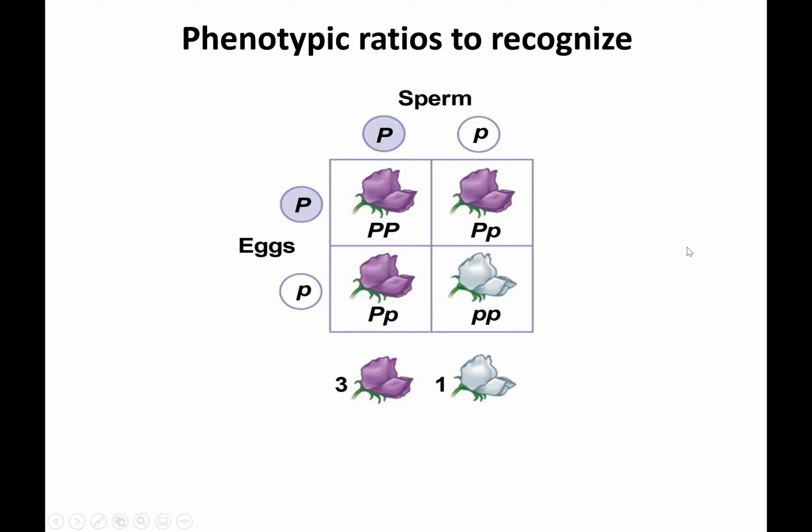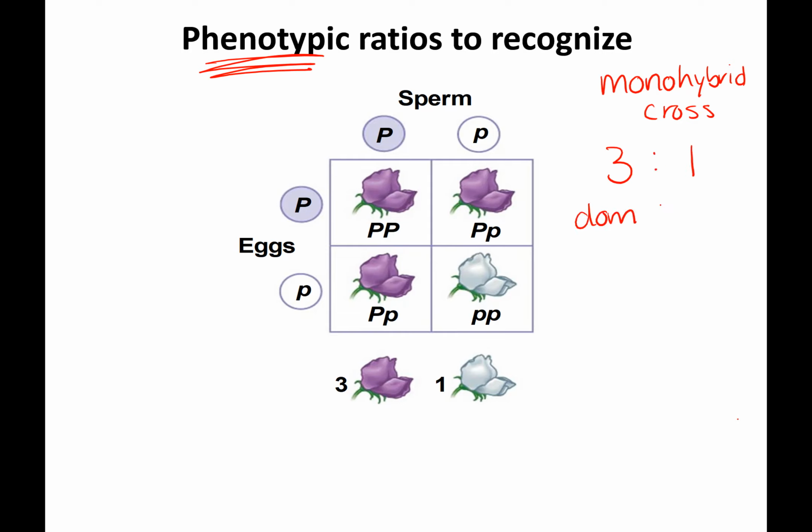Okay. Phenotypic ratios to recognize. So this is kind of like shortcuts. If you have a monohybrid cross, and we're talking phenotypes, you're always going to have a 3-to-1 dominant phenotype to recessive phenotype.